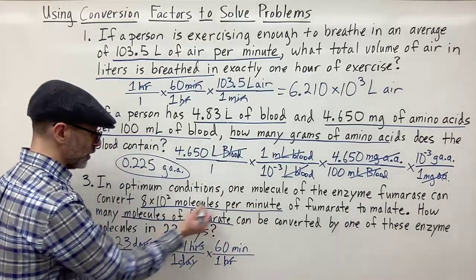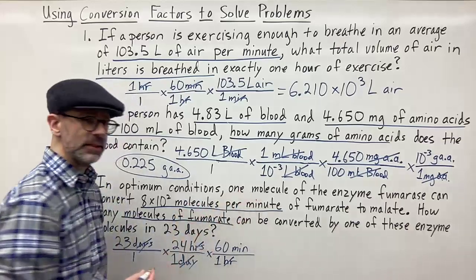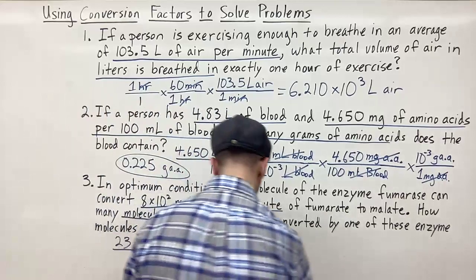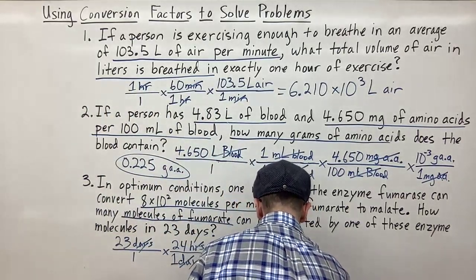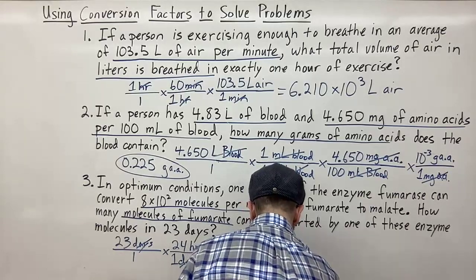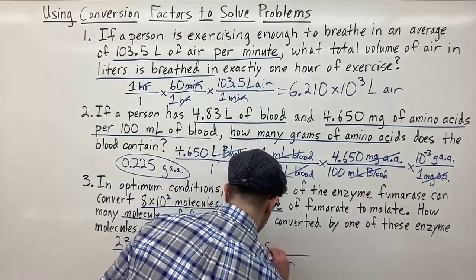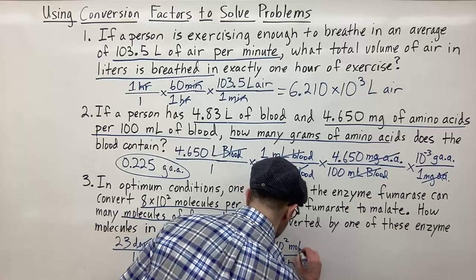Now I can use this relationship. I know that 8 times 10 to the second molecules per minute. Minutes is going to go on the bottom because I want it to cancel out. So 1 minute on the bottom, and then the 8 times 10 to the second molecules.